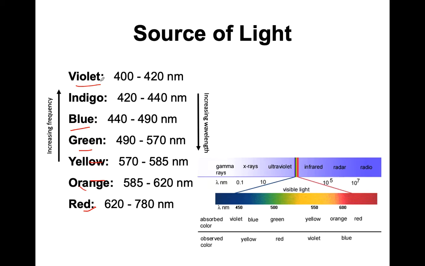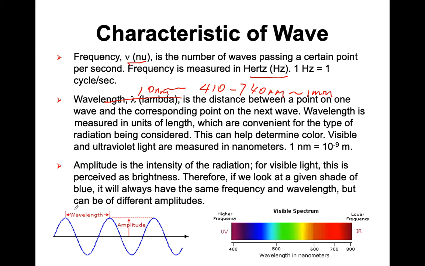For visible light, this is perceived as brightness. Therefore, if we look at a given shade of blue, it will always have the same frequency and wavelength, but it can be of different amplitude.